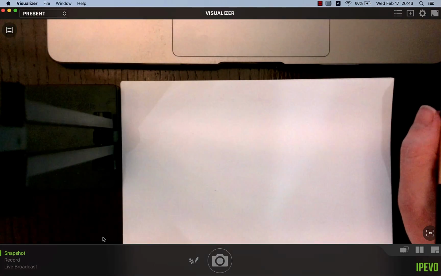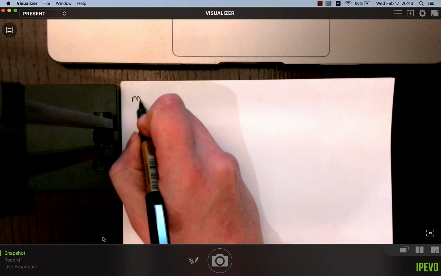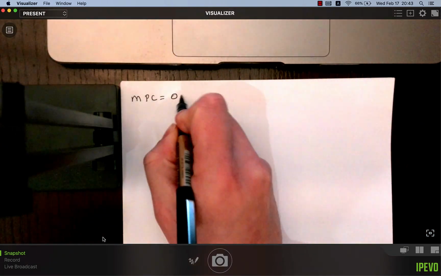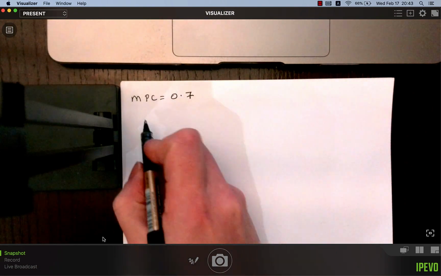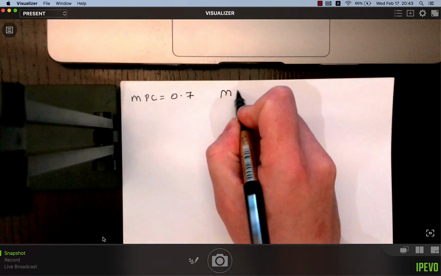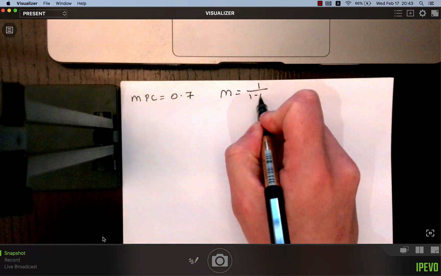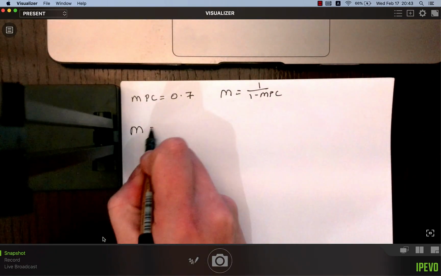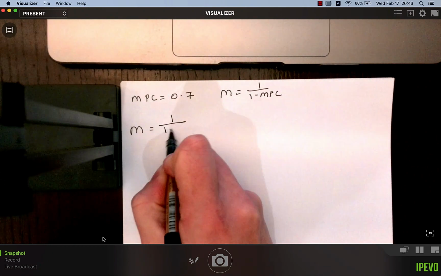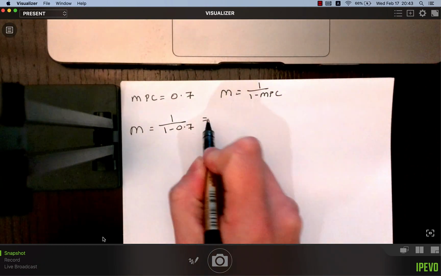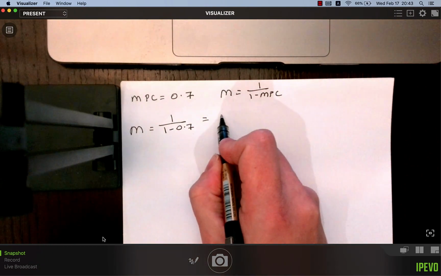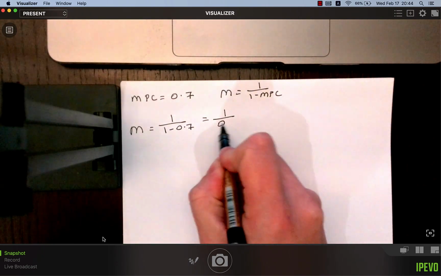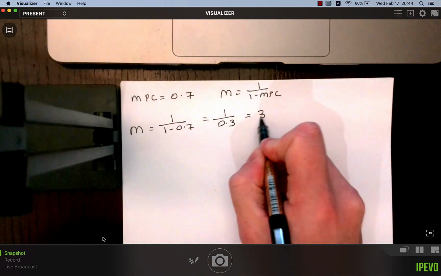So the MPC, and then the multiplier is 1 over 1 minus MPC. So the multiplier equals 1 over 1 minus 0.7, equals 1 over 0.3, which equals 3.33 recurring.